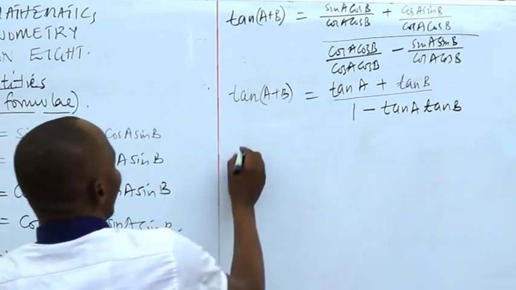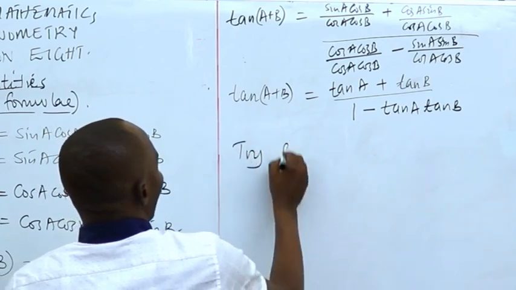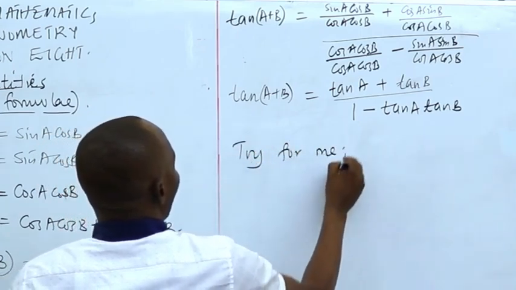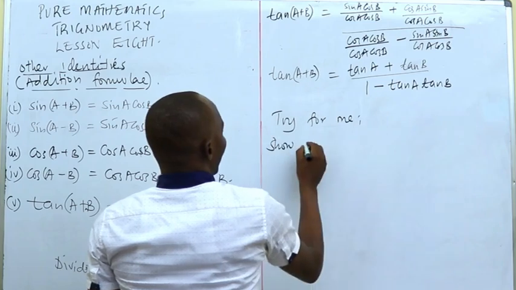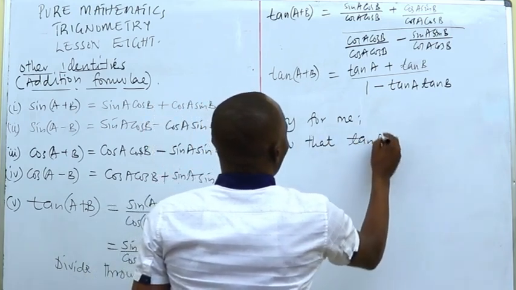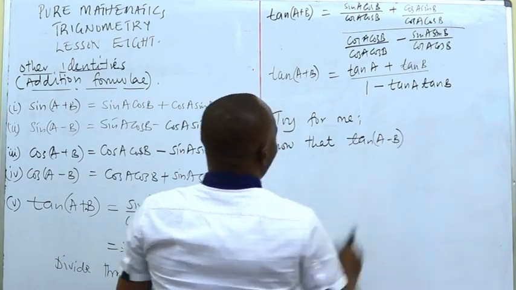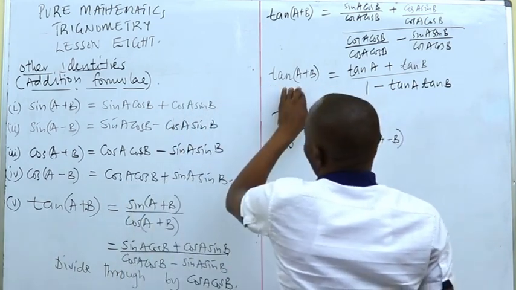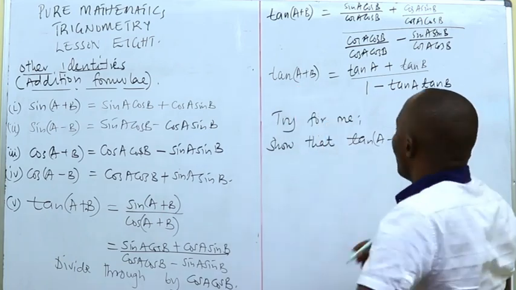Now I want you to try for me. I want you to show that tan of A minus B, now that we have just proved it for A plus B. How about A minus B?